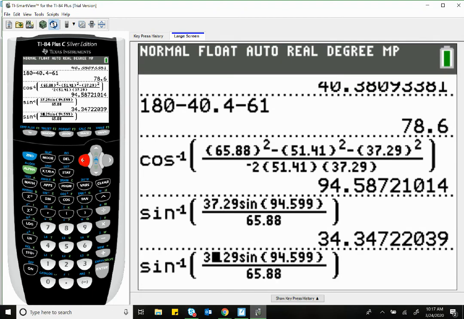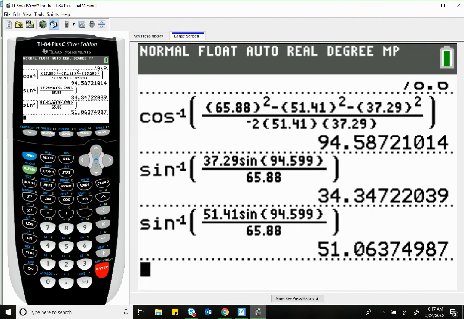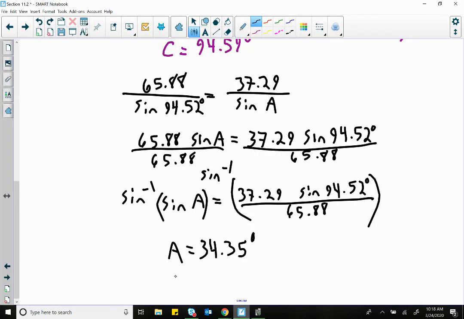So go back, 51.41. And there's the other angle, 51.06 degrees. There's angle B, 51.06 degrees. And if you add all three of those up, it should be 180 degrees.